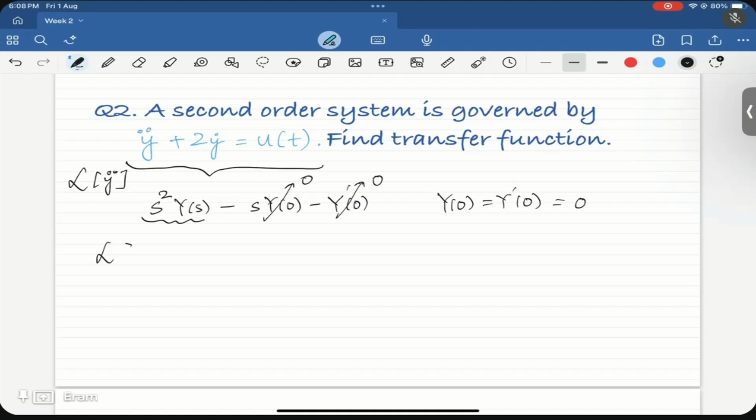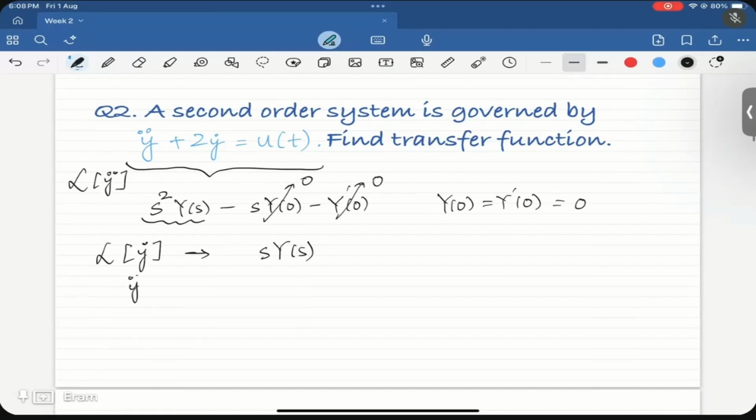And what about y dot? It is very simple, sY(s), because again we will consider the initial condition to be 0. Now for the overall dynamical system, we can write s squared Y(s) plus 2sY(s) equals U(s).